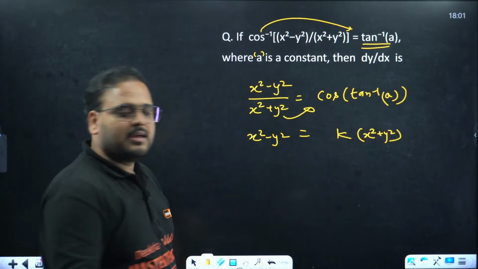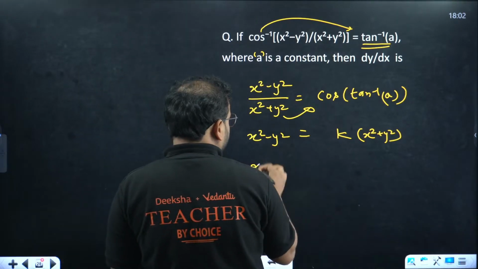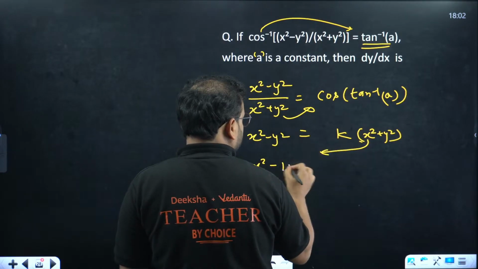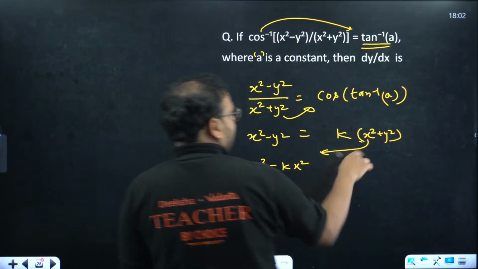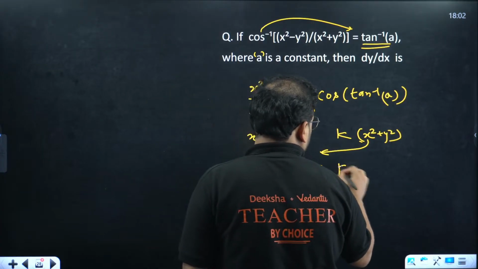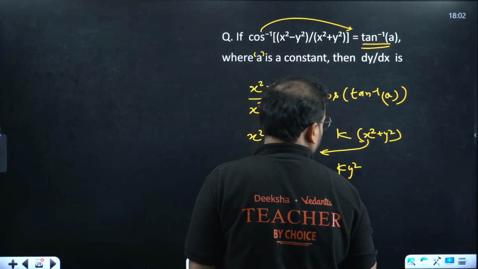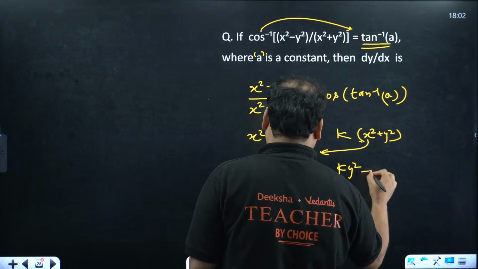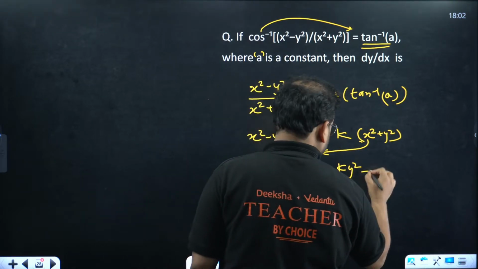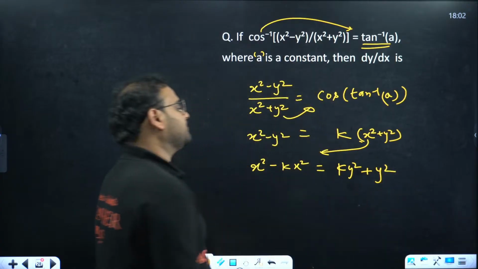We'll do one thing. Keep the x square terms on one side. We'll get x square minus, move the x square term over here, minus kx square. And on that side, ky square plus y square, correct?